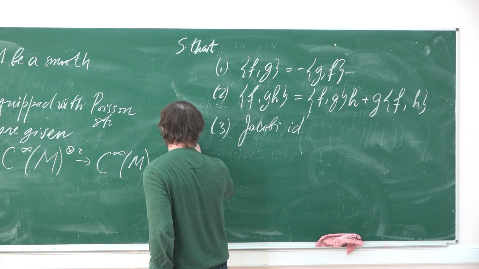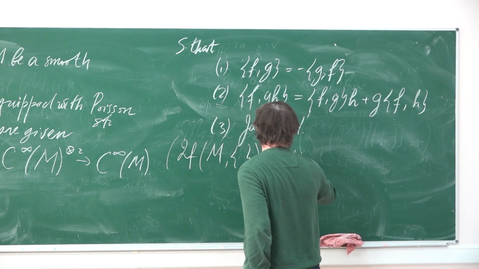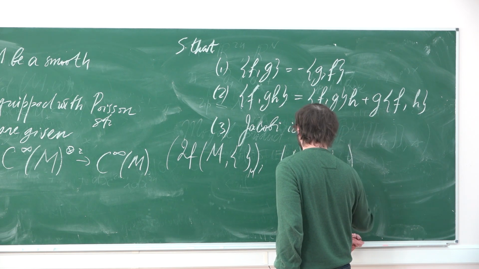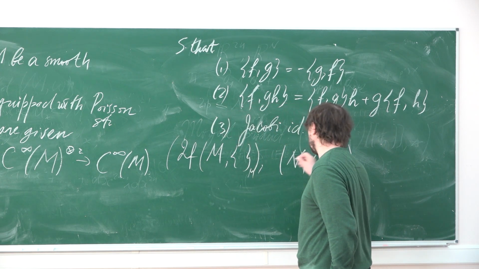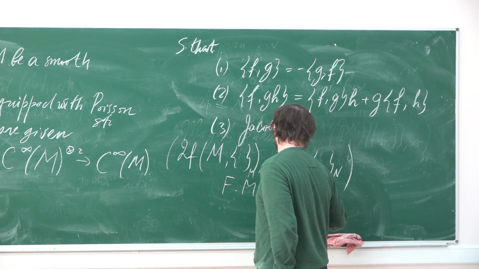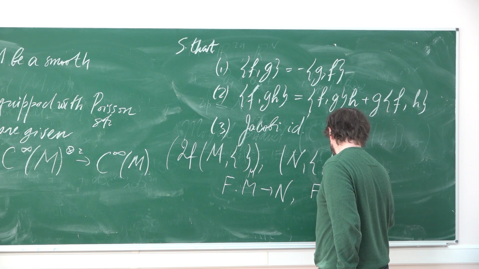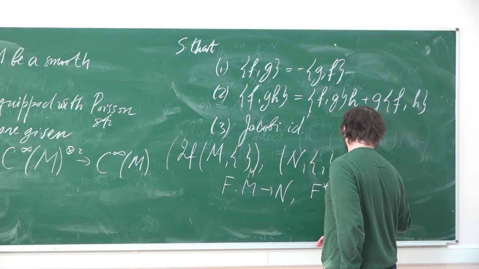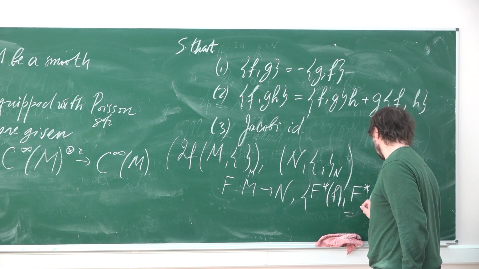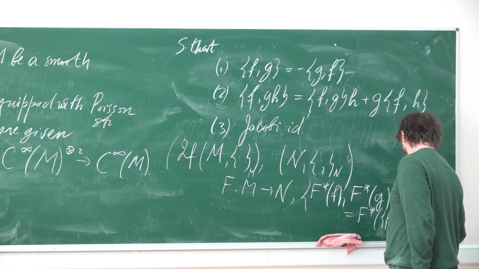If you have two manifolds, M with some Poisson structure on it, and N with some other Poisson structure, one can define the Poisson morphism from one to another as a smooth map F from M to N, such that for any two functions on N, their pullbacks with respect to F will Poisson commute precisely as the pullback of the Poisson bracket on N, and so on.